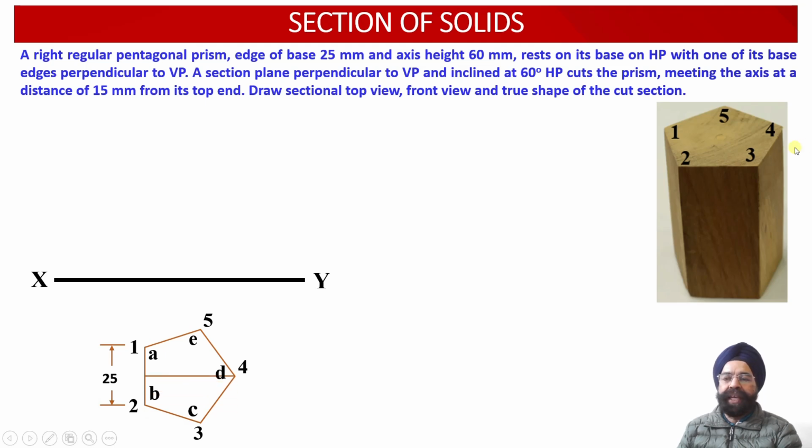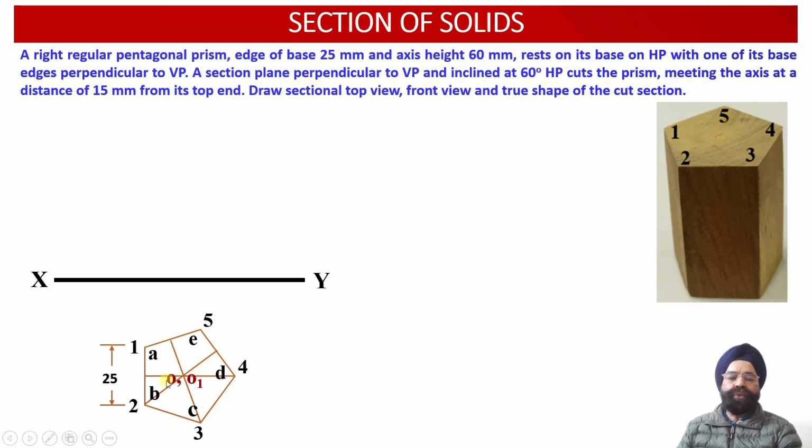Now in order to obtain the axis point, we need to draw perpendicular projectors from at least 3 of the corners of this pentagonal projection onto the opposite edge of the base. So from point D, we have drawn a perpendicular projector onto the base edge AB. Similarly, from the corner B of the base, we have drawn a perpendicular projector onto the edge DE of the base, and from the corner C of the base, we have drawn a perpendicular projector onto the opposite edge AE of the base.